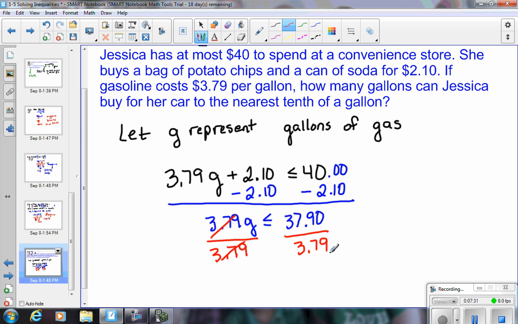So remember the shortcut way I told you to divide by a decimal? You can move the decimal point over so you no longer have a decimal in the denominator. Move it over 2 places here. And this problem's actually easy to do in your head because the numbers work out so nicely. So we end up with she can buy at most 10 gallons of gas.